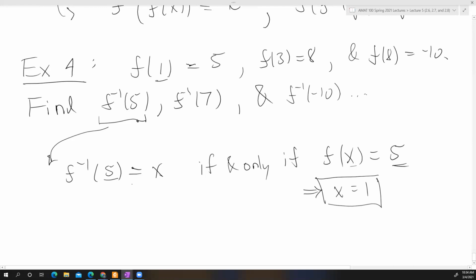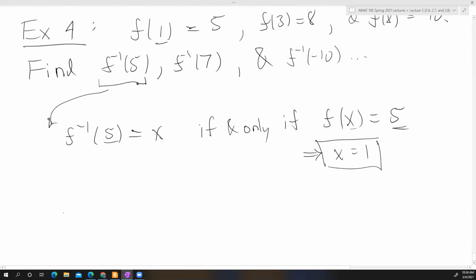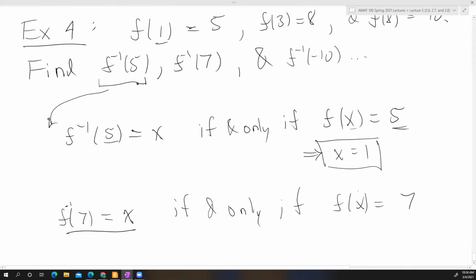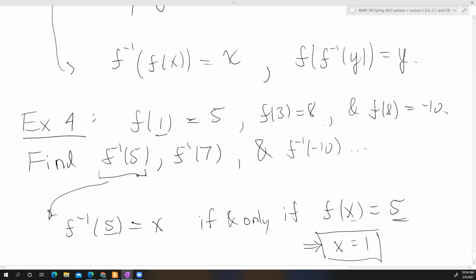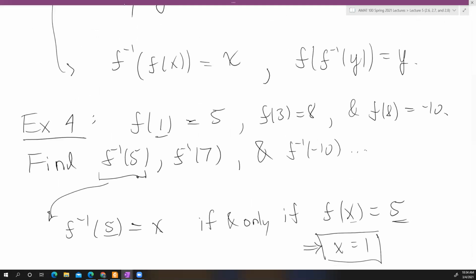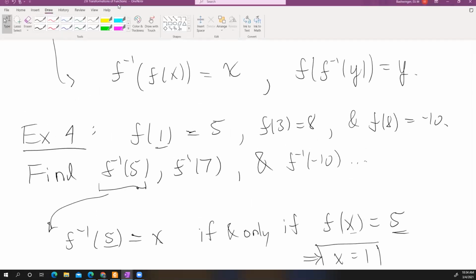And then we do the same for the other one. I'll just do one more, and I'll leave the other one for you to do. So we don't know what f inverse of 7 is, so we'll just call it x. This is the case if and only if f of x is equal to 7. So again, we have to look, wait, something doesn't seem right. I see. This is not right here.